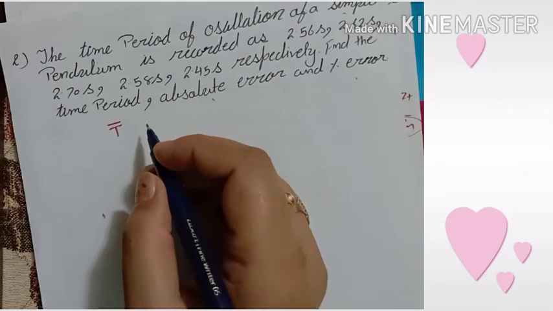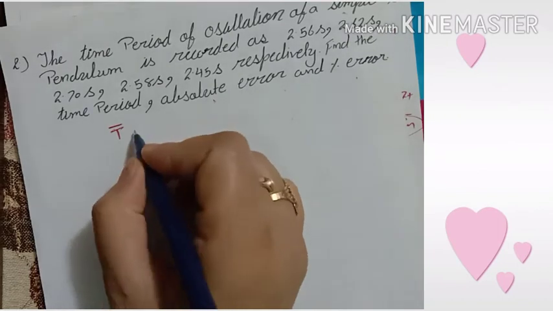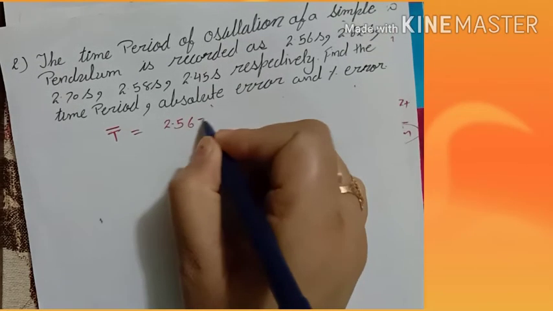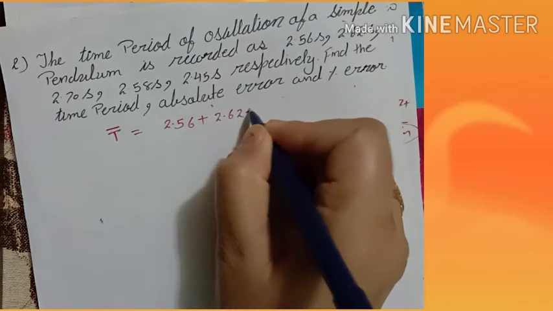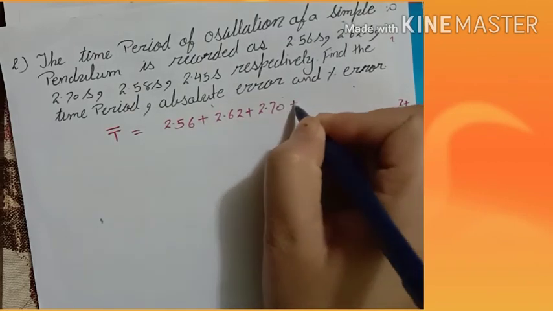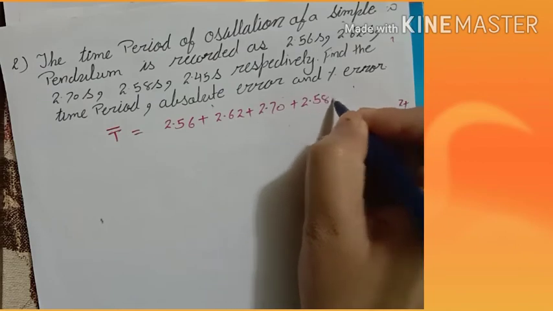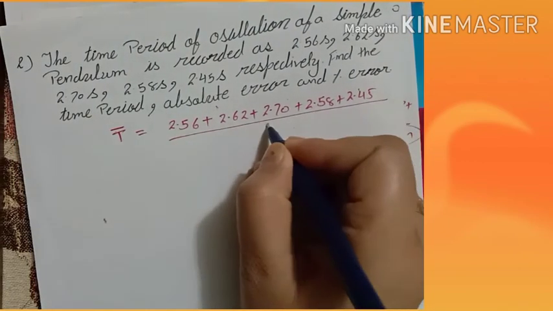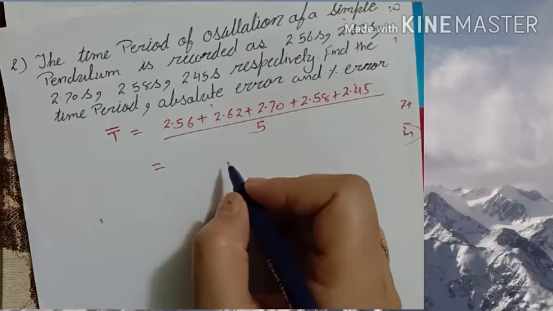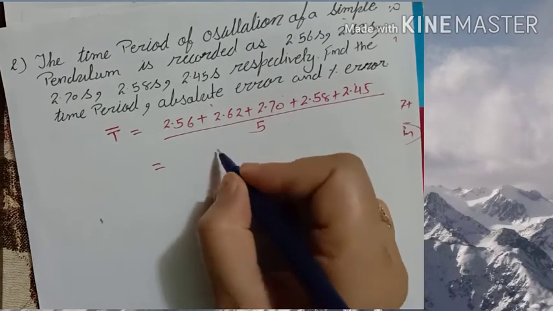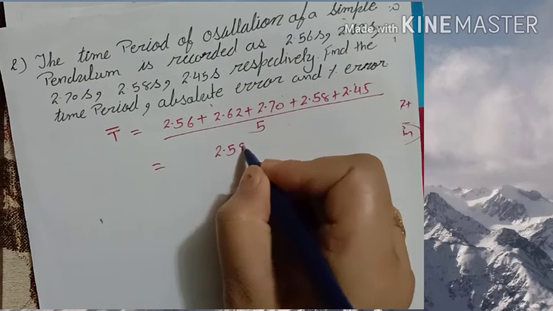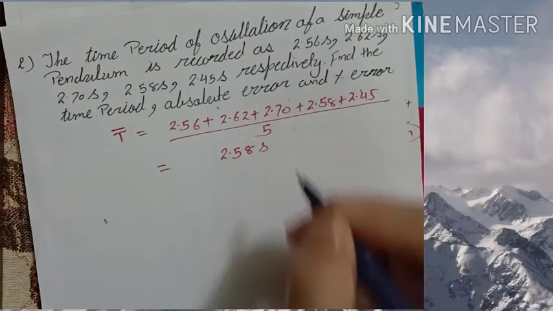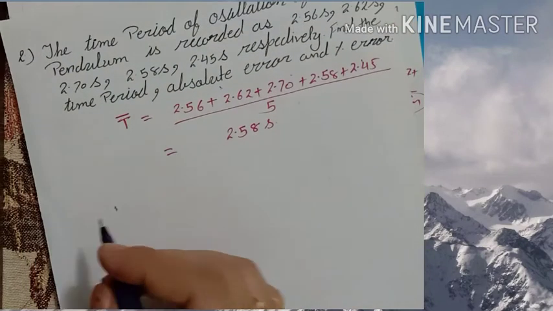So first of all, the mean value of this time period will be equal to 2.56 plus 2.62, 2.70, 2.58 plus 2.45 and divide by 5. Then this will be equal to 2.58, right? Second, now delta t bar.